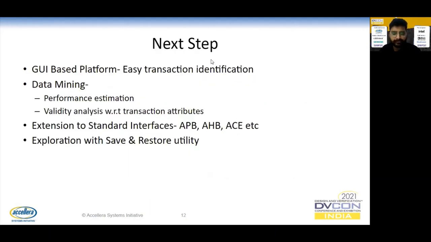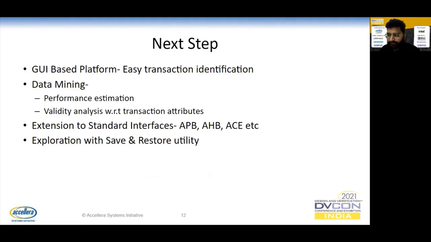Moving on to the last section of the presentation, here we will look at the future scope, or next steps. A GUI-based platform can be explored for the debug tool, for easy transaction identification.